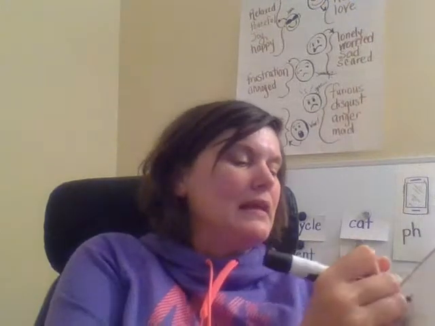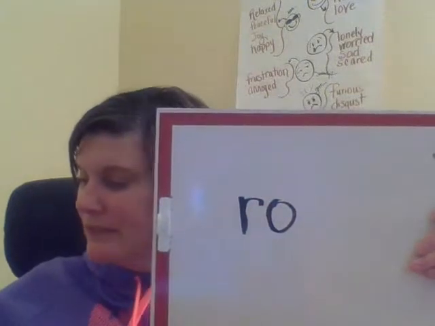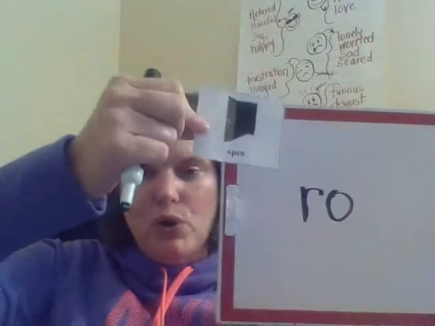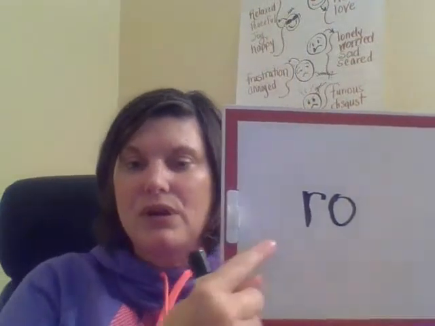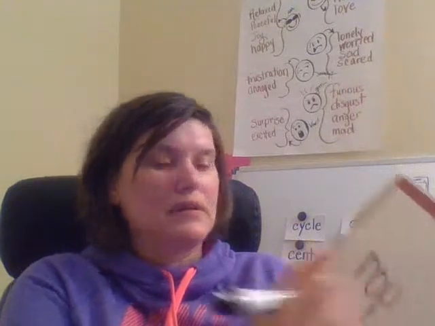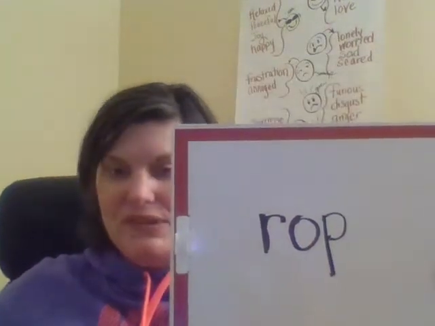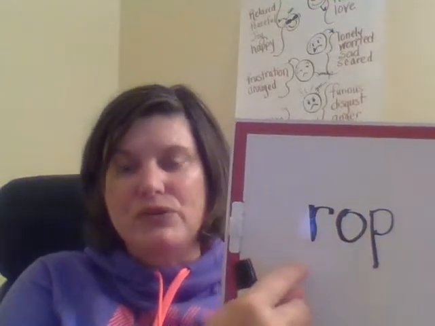Okay, let's look here. What type of syllable is this? You are correct. It's an open syllable, which means it is a long vowel sound. Ready? Row. Now let's look. What type of syllable is this? Correct. It is a closed syllable, so it's a short vowel sound. Ready?